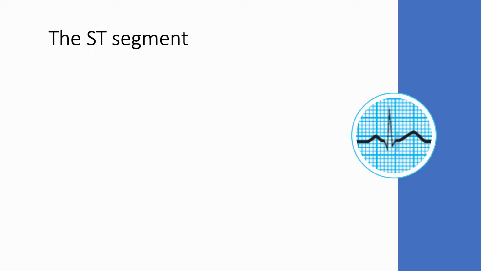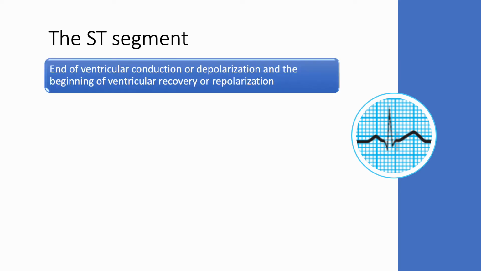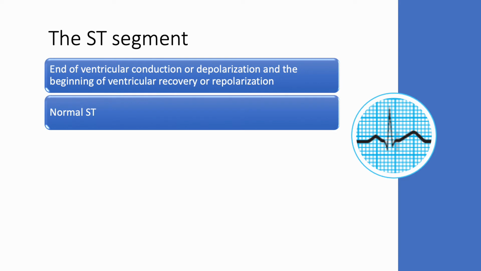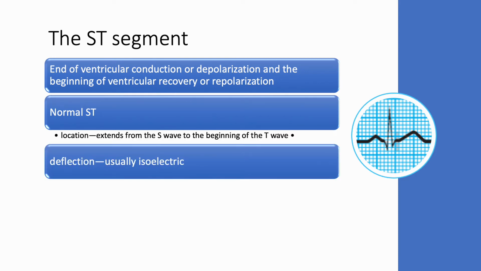Then after the QRS complex, determine the ST segment. The ST segment shows the end of ventricular conduction or depolarization and the beginning of ventricular recovery or repolarization. The normal ST extends from the S wave to the beginning of the T wave, and usually this is isoelectric.